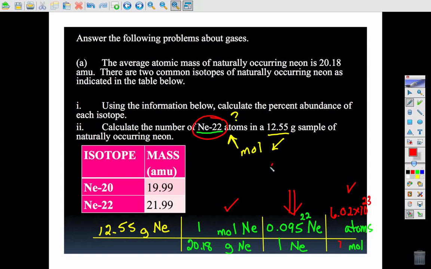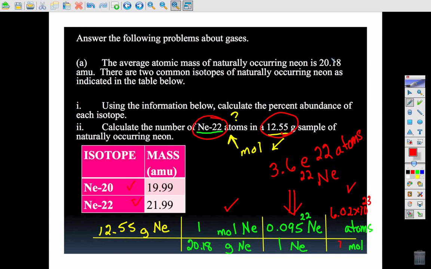And if we cranked through the math, I sometimes forget to do that because I sometimes care more about process than math, but the number is very important. You will lose points. 3.6 times 10 to the 22 atoms within that sample. Remember, that sample's a mixture of both isotopes of the neon 22.